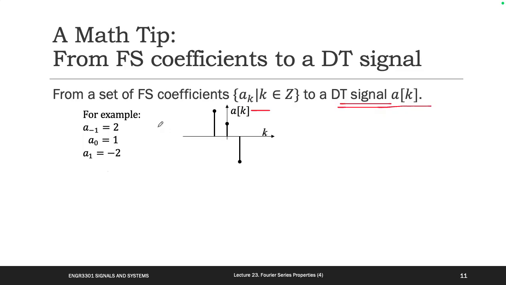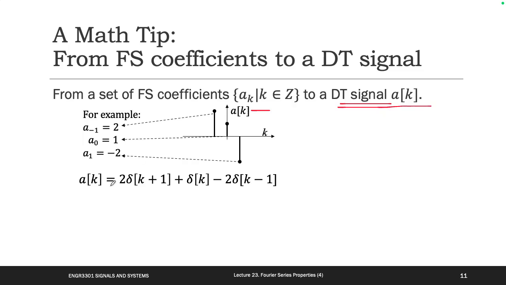If you draw it, this is AK. This is your FS coefficient, am I right? You can use an equation to represent AK, which means AK equals delta K plus 1 plus K delta K minus 2 delta K minus 1, right?